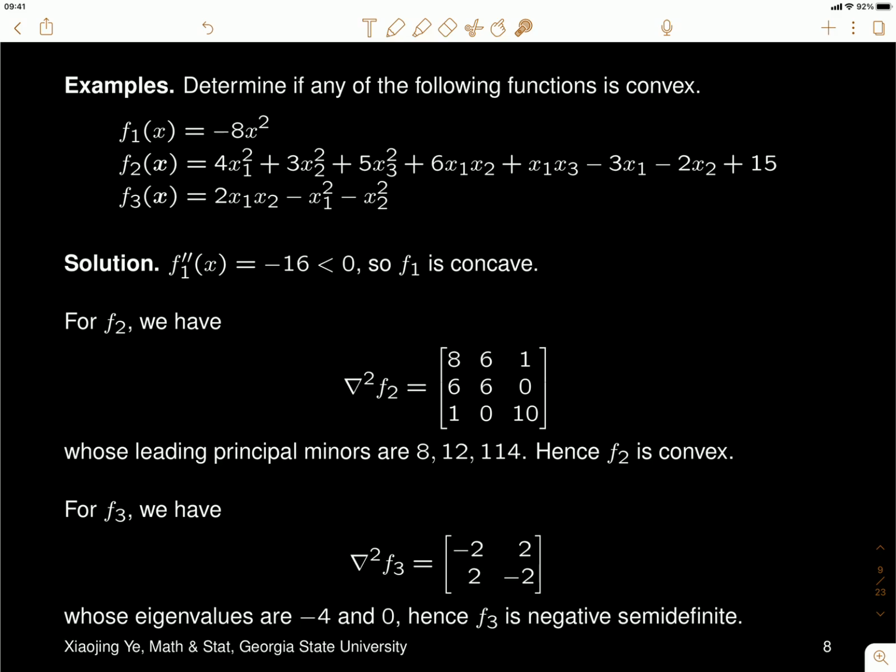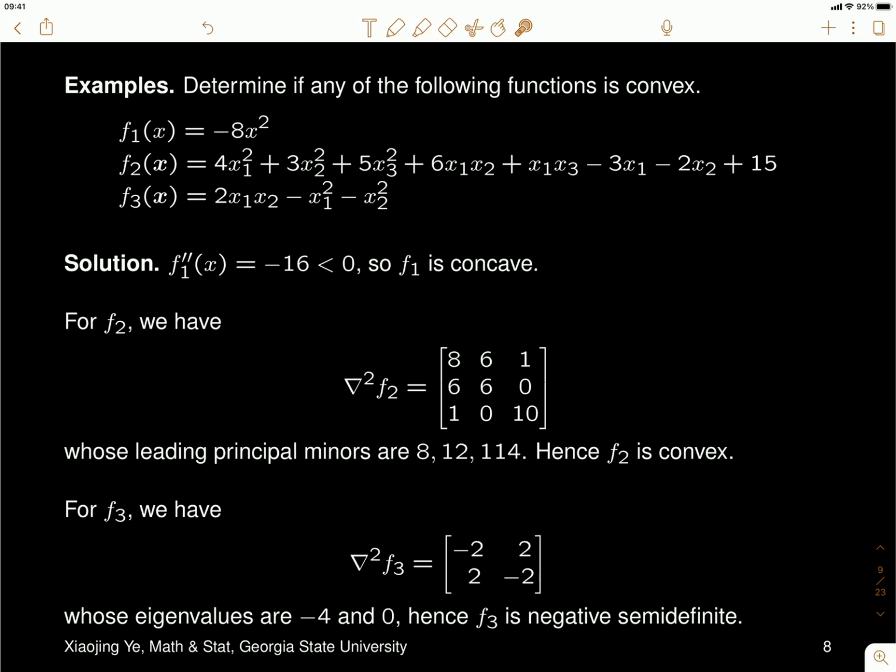So we take the derivative twice, and you can easily get that it's negative 16. Note this is a negative value, so that means f1 is not convex. It is actually concave, because the negative of f is convex. This function looks like negative 8x squared. So it's concave.